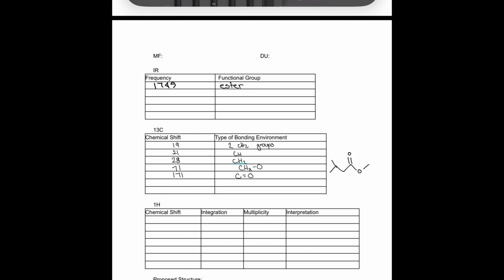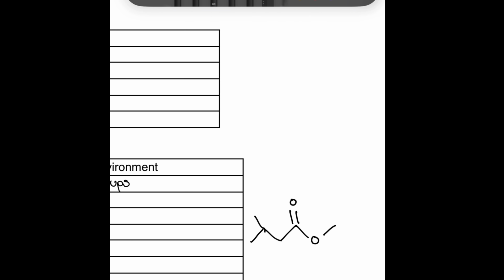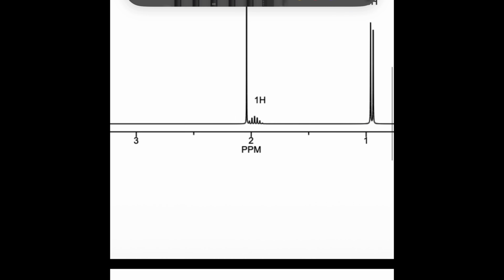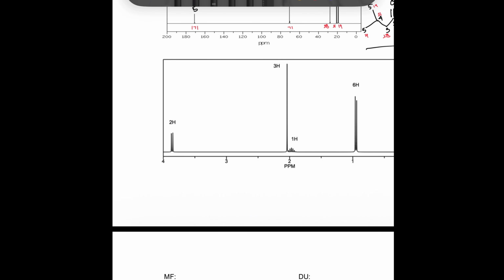All right, now that we have filled out our 13C NMR chart, we're going to evaluate this proton NMR chart just to confirm whether or not our predicted structure is the actual structure. So we are just going to draw the expanded version now of our predicted structure.